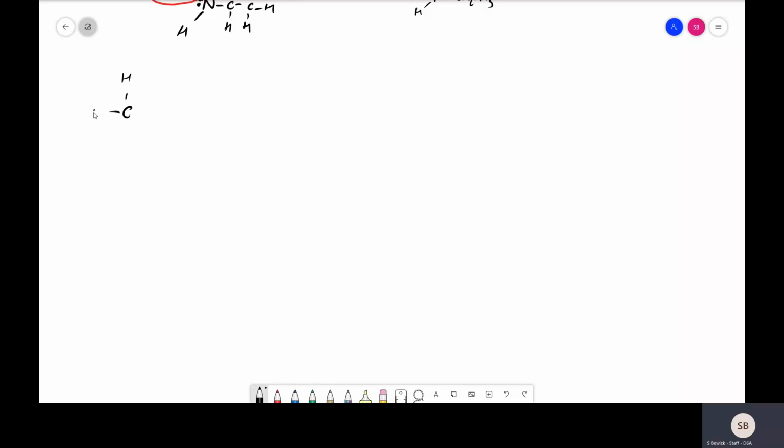So let's draw this one out in full. And I'm going to show you a little cheat, which isn't really a cheat. It's an absolutely essential part of organic chemistry. But drawing out all of these carbon chains, let's not forget there's a lone pair on that nitrogen, gets a bit tiresome and a little bit annoying.